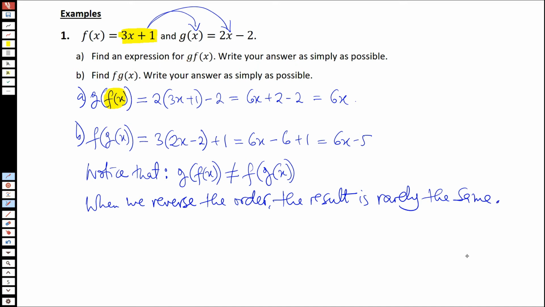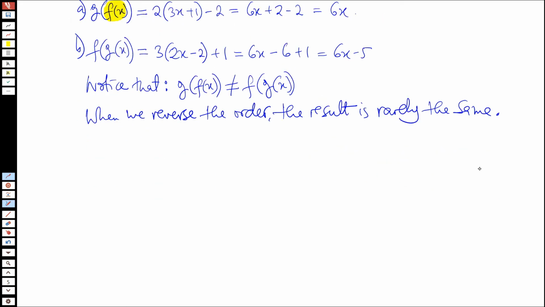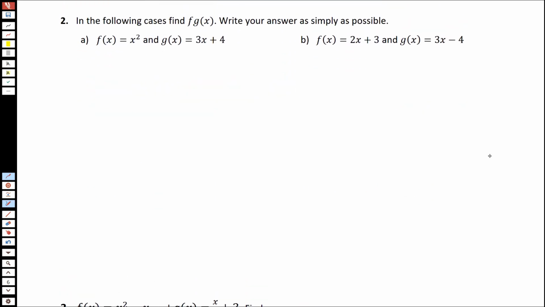Okay, let's move on to number 2. In the following cases, find f of g of x. So that means we plug g in f in place of x. So f of g of x will be equal to, we plug g in f in place of x. So this basically here gets plugged here in place of x.